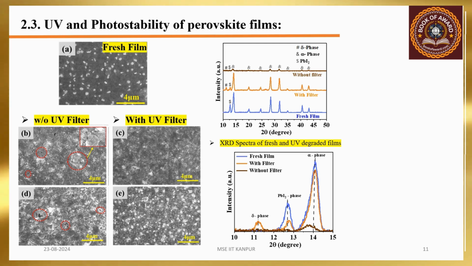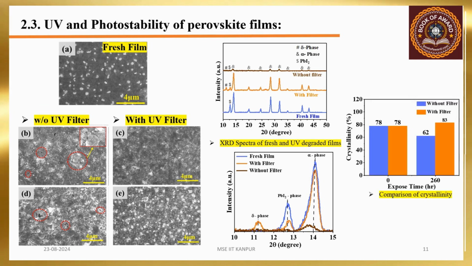This spectra confirms that the intensity of perovskite films without filter reduced and it becomes more broad, which confirms that triple cation perovskite films degraded in UV light.